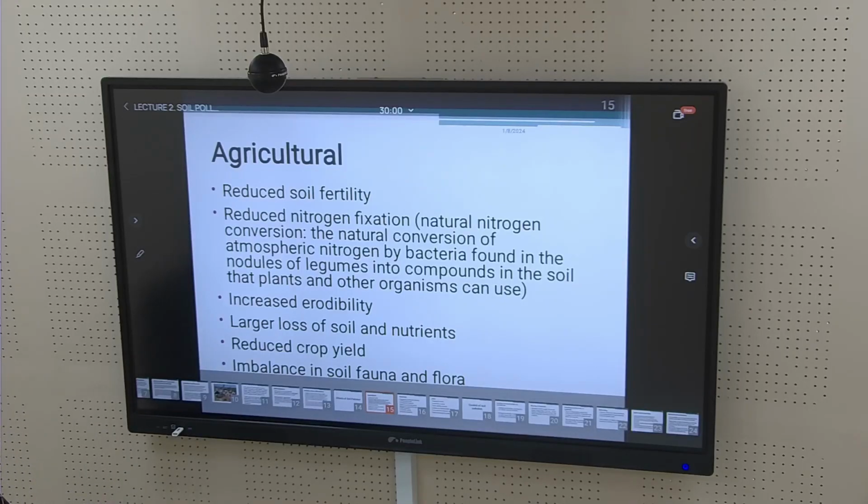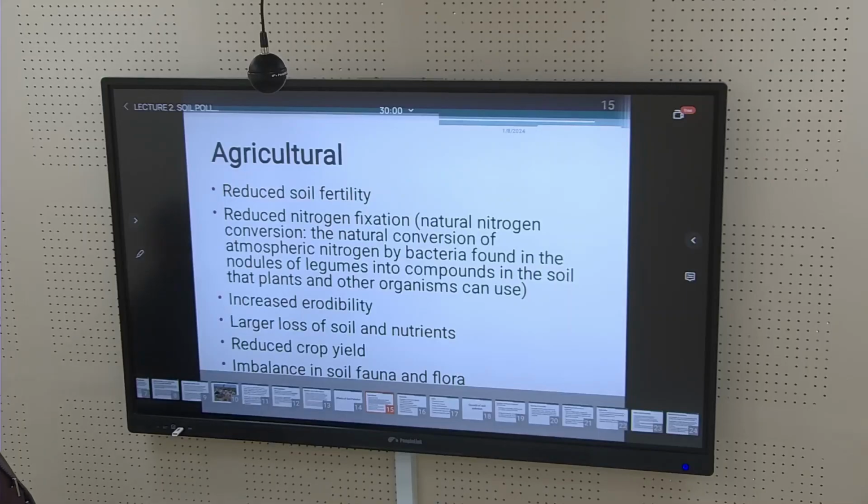Reduced nitrogen fixation: the natural conversion of atmospheric nitrogen by bacteria found in the nodules of legumes into compounds in the soil that plants and other organisms can use.